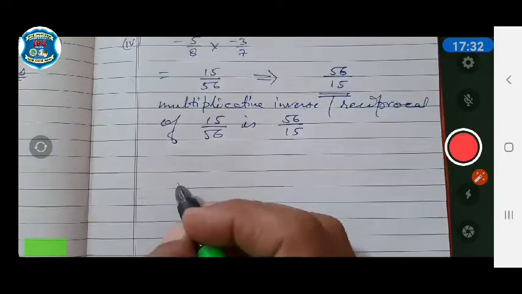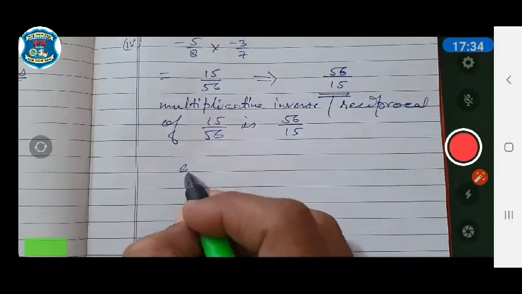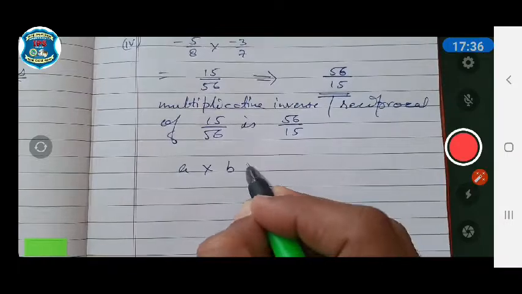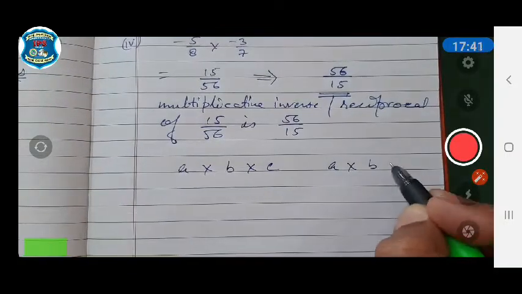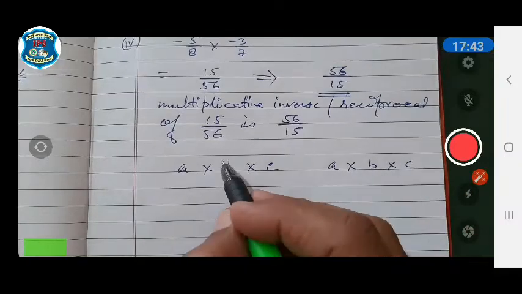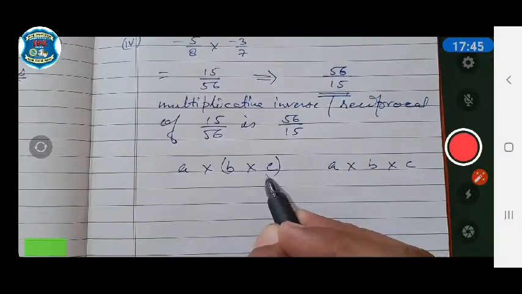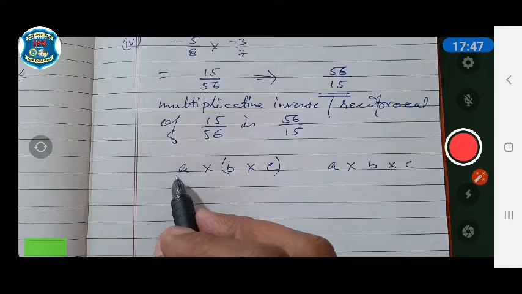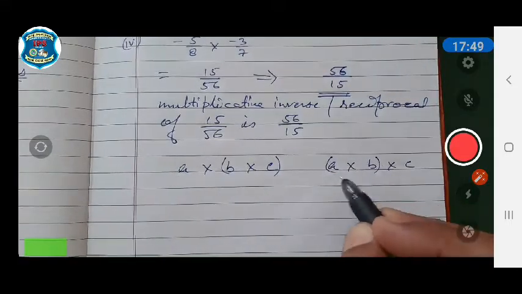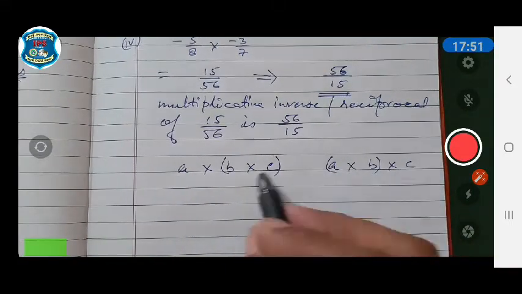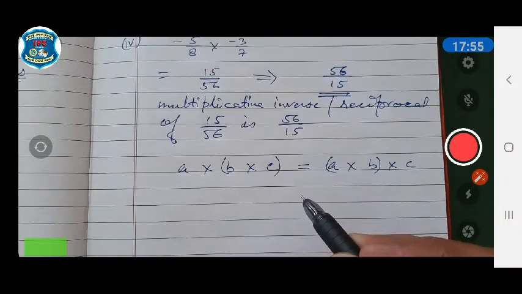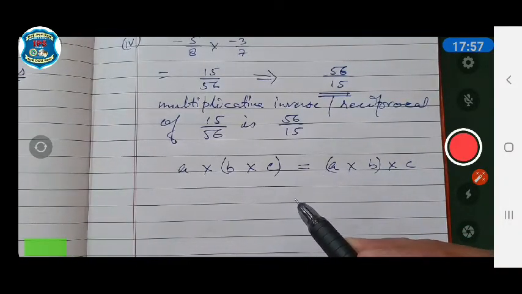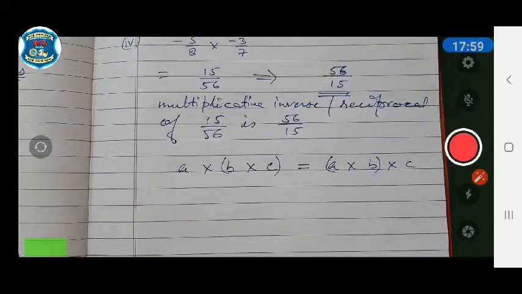As I have explained earlier, A multiplied by B multiplied by C. If we multiply B and C first and then multiply by A, or if we multiply A by B first then multiply by C, both are same. Which property is this? Associative property, right?